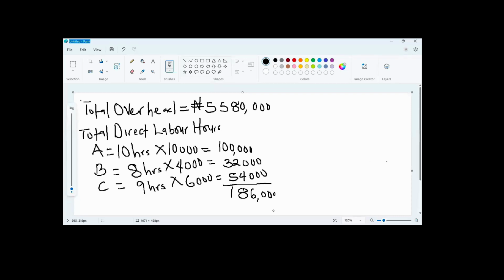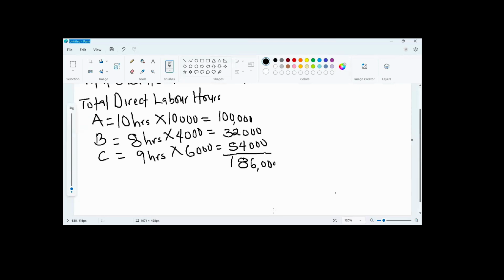Come back here. Overhead absorption rate is equal to total overhead, 5,580,000, divided by total direct labor hours, 186,000.